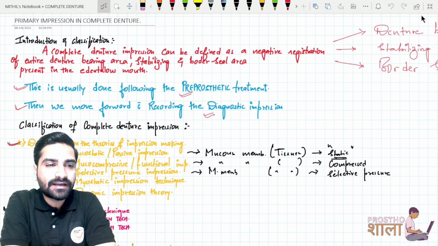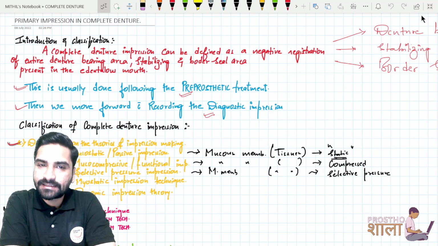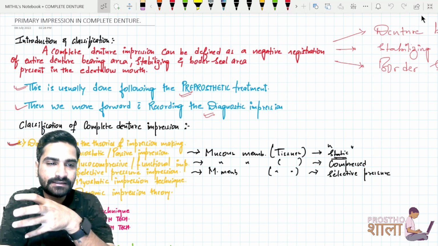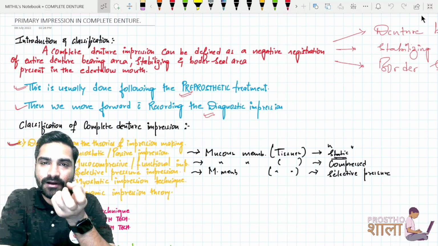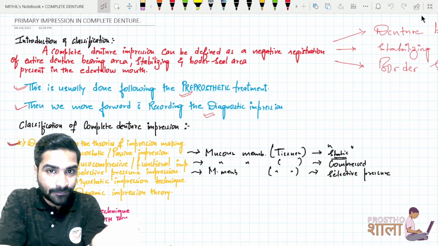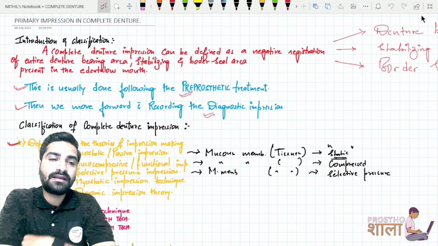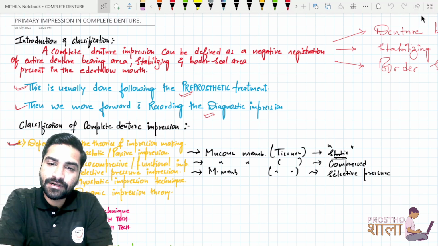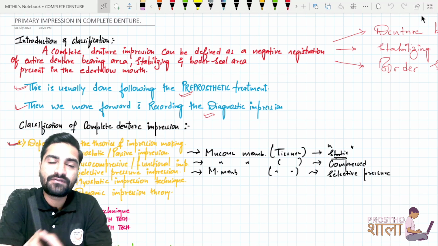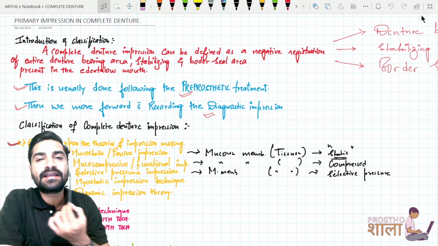So, starting with the introduction and classification. The basic introduction I would give is that it is a type of complete denture impression, which can be defined as a negative registration of the entire denture bearing area.